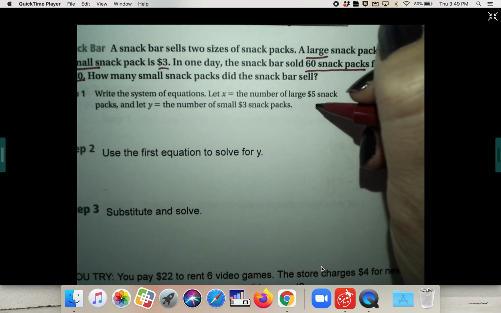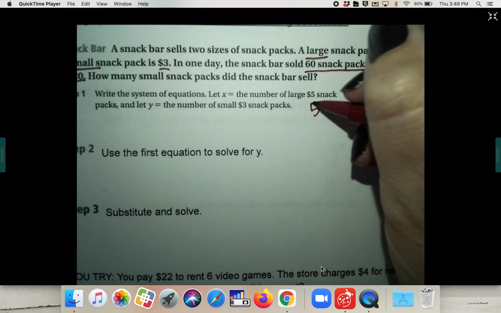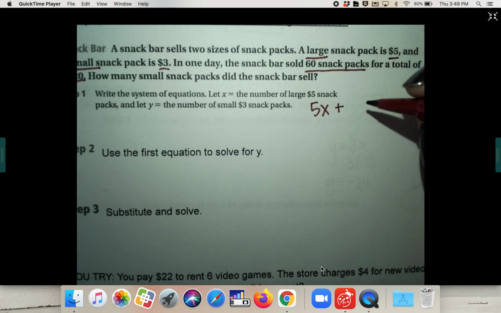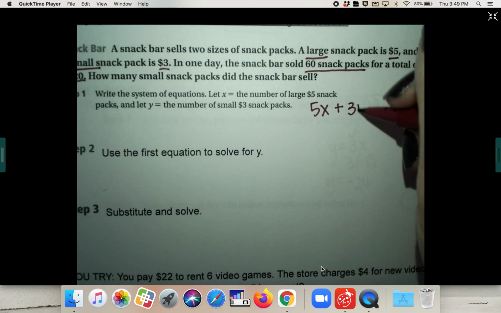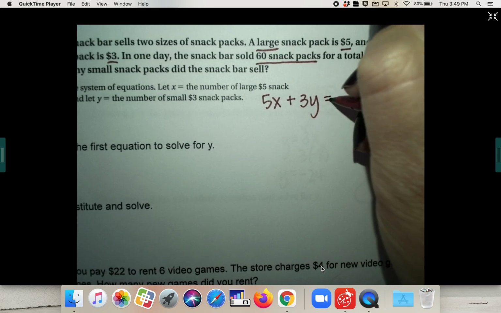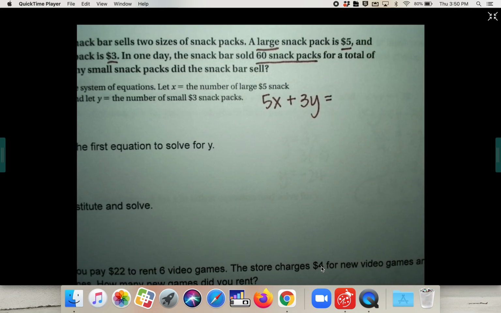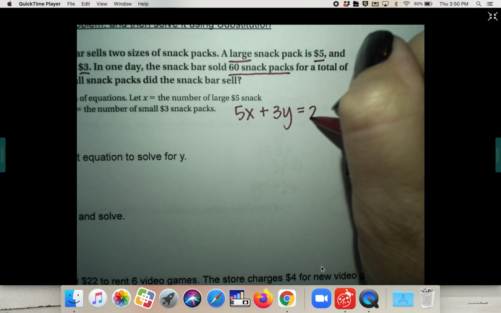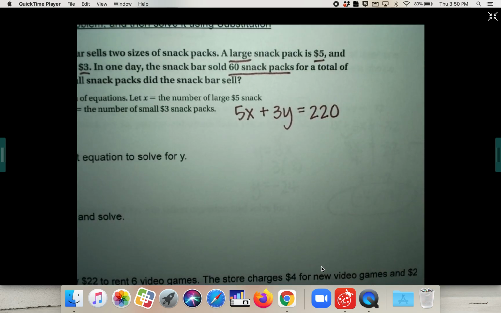So we have 5x, that's the large snack packs, plus we also sold $3 worth times y, which is the small snack packs. And do we know the total cost that we made? $220. All right, and then let's set up our second equation.